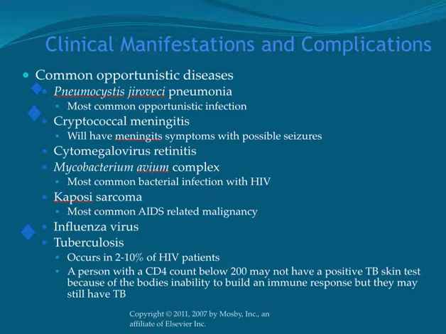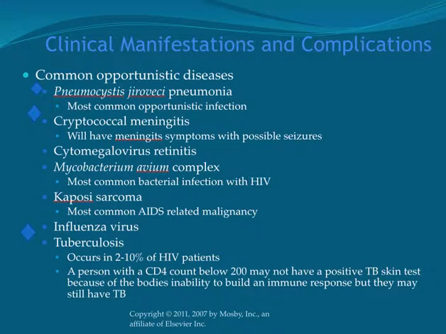Advances in HIV treatment have led to decreases in the number of opportunistic diseases because successful treatment maintains a better functioning immune system, and opportunistic diseases take advantage of a poorly functioning immune system.